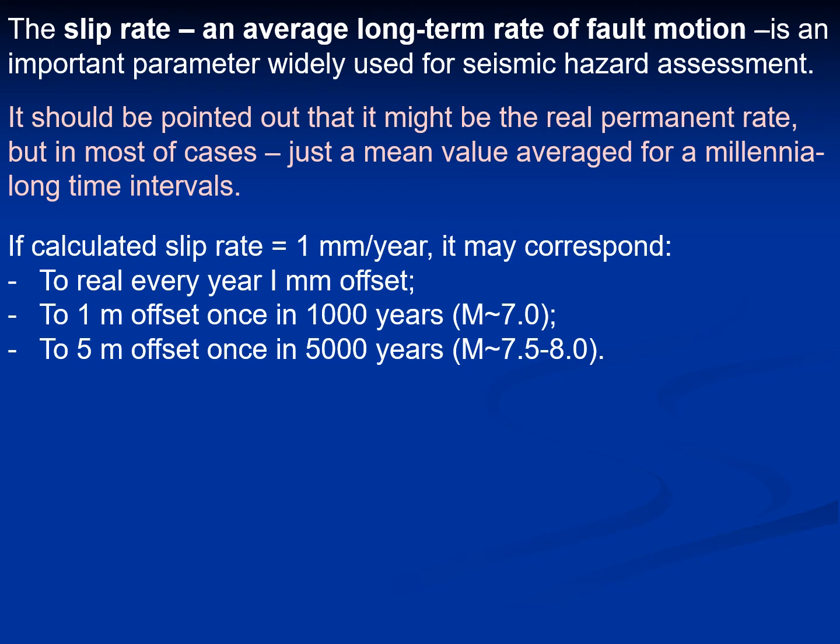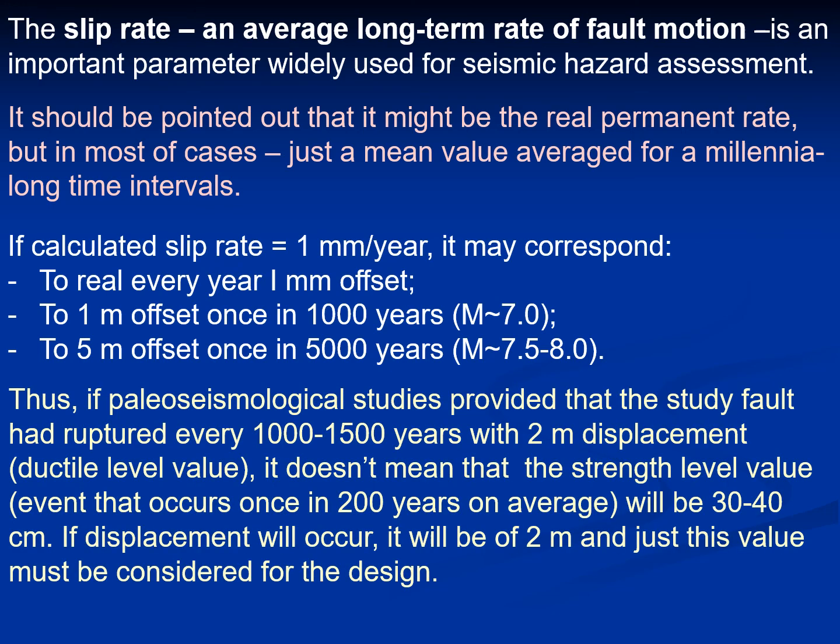So, if the calculated slip rate is 1 millimeter per year, it may correspond to a real every-year millimeter offset, or to 1 meter of offset once in 1,000 years. That corresponds more or less to a magnitude 7 earthquake. It might be 5 meters of offset once in 5,000 years. That corresponds to a much larger earthquake, with magnitudes of, say, 7.5 or 8.